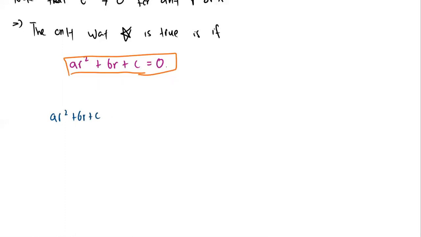So let me give it a name as P of R, so P for polynomial. It's important because you'll see this name in the literature. So this polynomial that we get from the differential equation is called the characteristic polynomial of the differential equation.